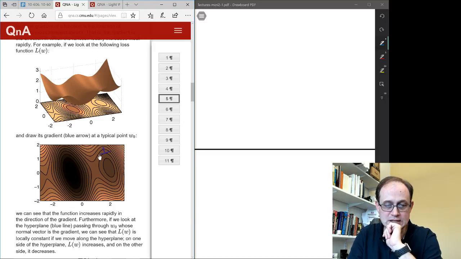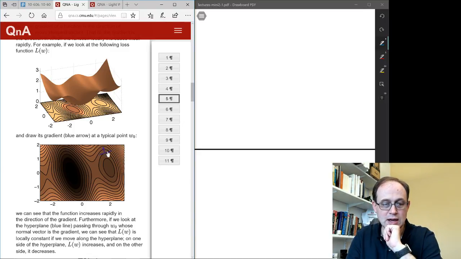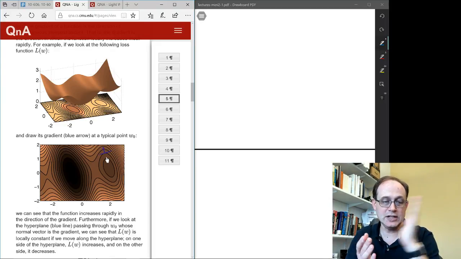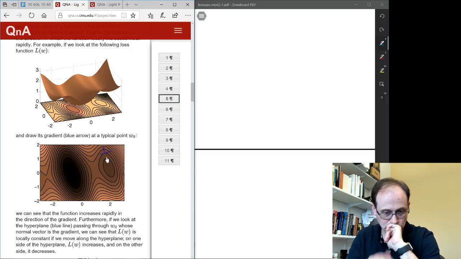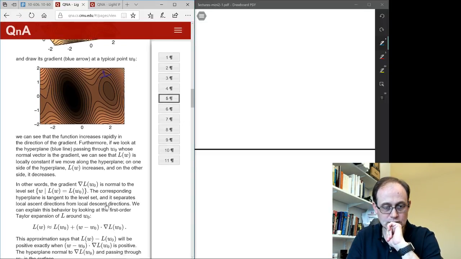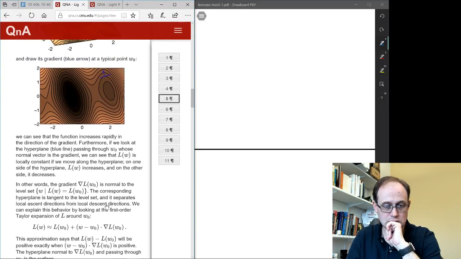We can also see that if we take a line whose normal is the blue arrow, or in multiple dimensions, a hyperplane whose normal is the blue arrow, that hyperplane is going to separate, at least locally, directions of increase from directions of decrease of the function. So in other words, the gradient is normal to the level set, and this hyperplane is tangent to the level set.